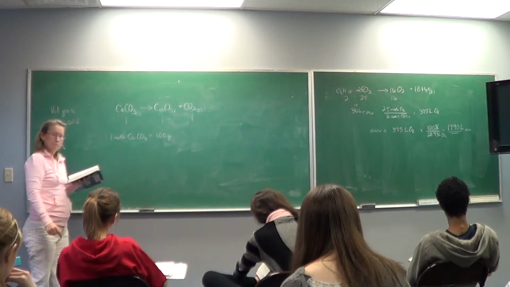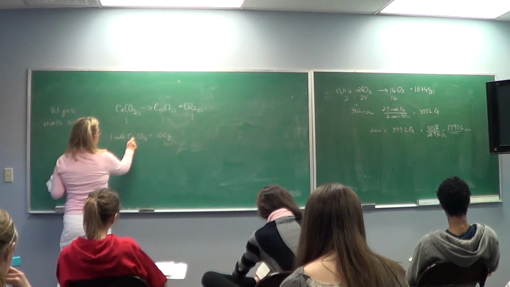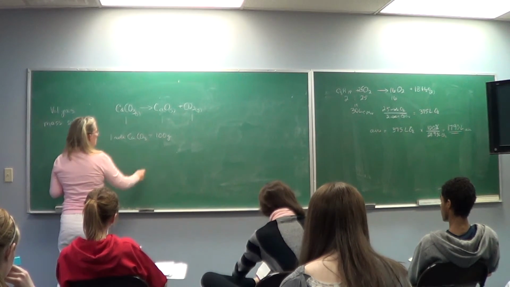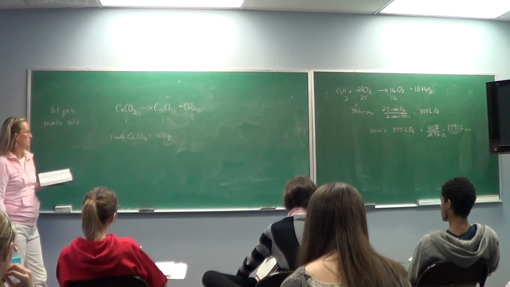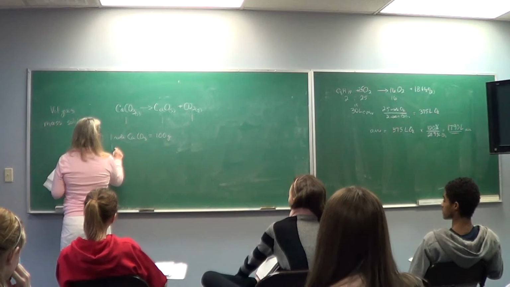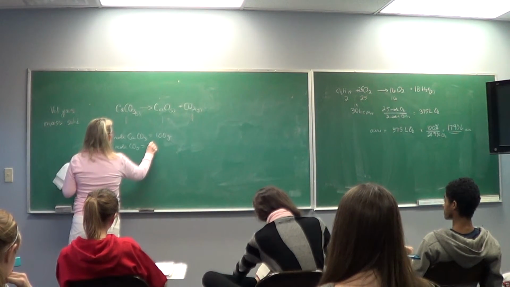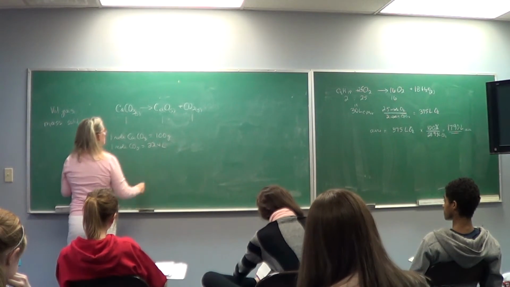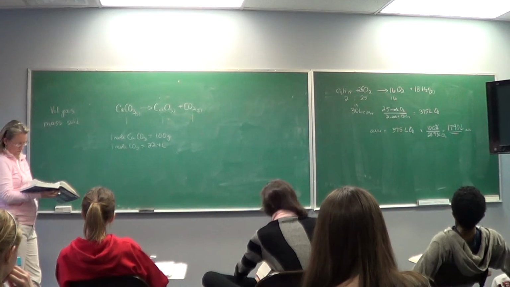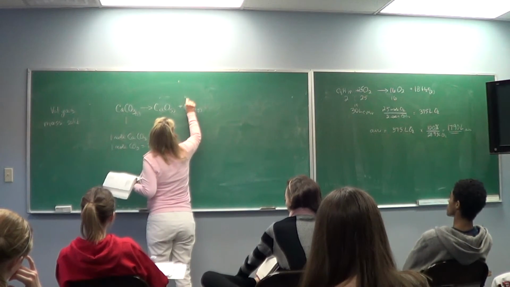And again, that's 40 plus 12 plus 3 times 16, which is 100. 1 mole of CO2 equals 22.4 liters. And we know that this is 5 liters.